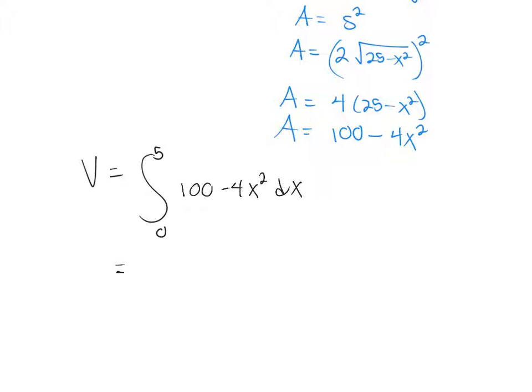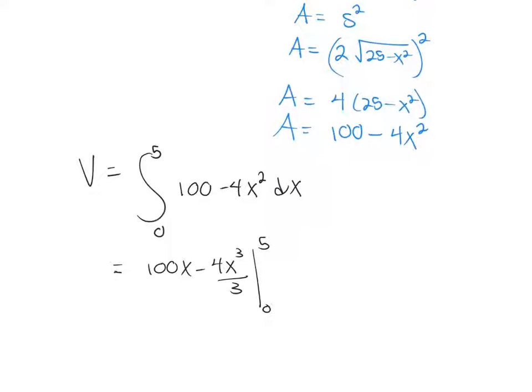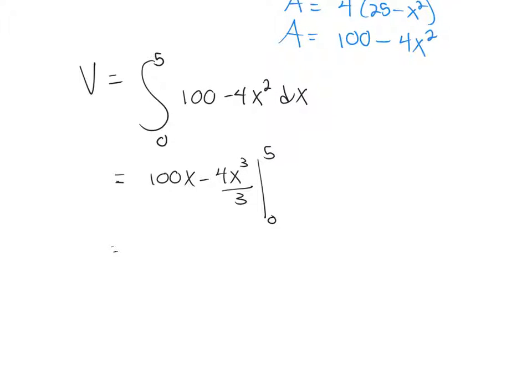Alright, so then we can just integrate that to be 100x minus 4x cubed over 3 evaluated from 0 to 5. And then we can plug stuff in. I'm going to get 100x minus 4/3 times 5 cubed, which is 125. And then minus, when I plugged in 0, that bottom bound, I just got 0 anyways.